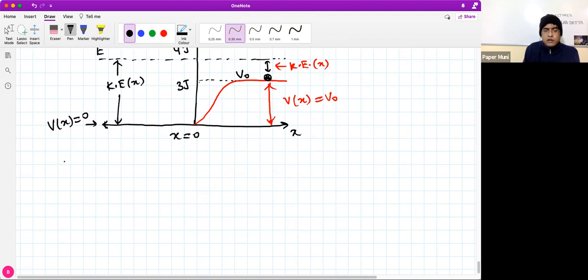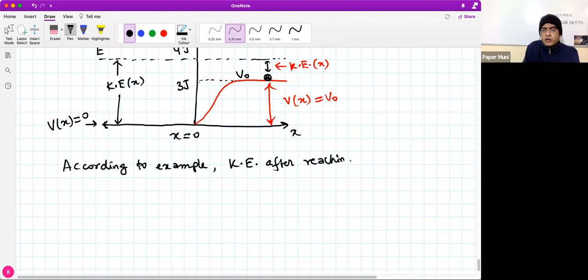According to the example we have taken here, the kinetic energy after reaching the potential step, we are calling this a step, it's rising our level, so this is kind of a step. So the kinetic energy in this example is E minus Vx.